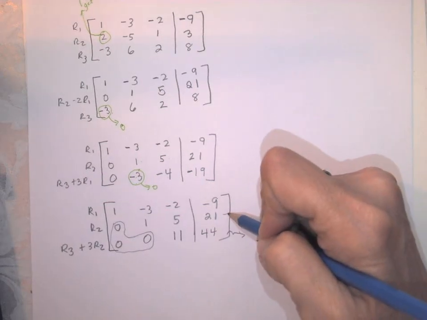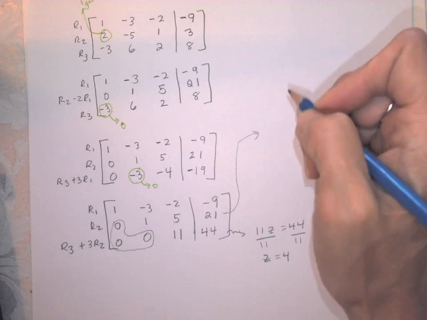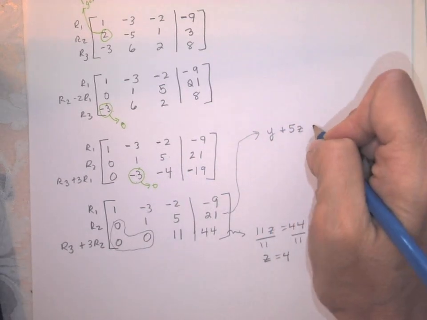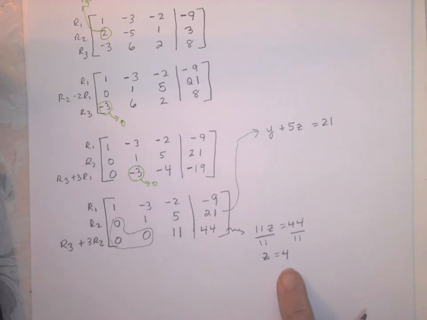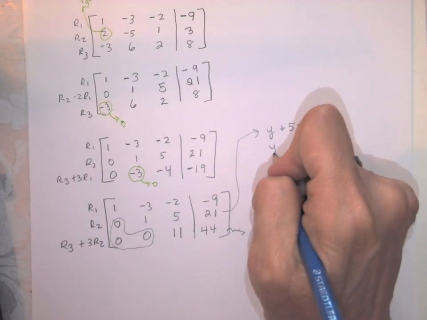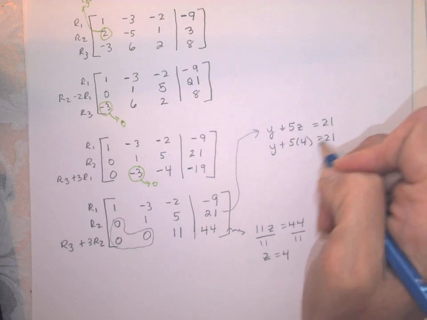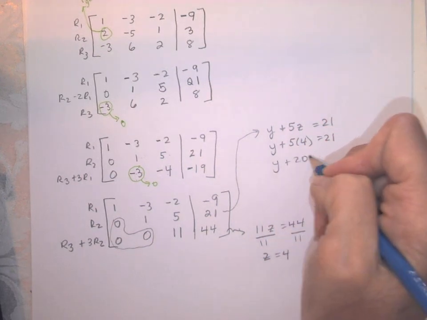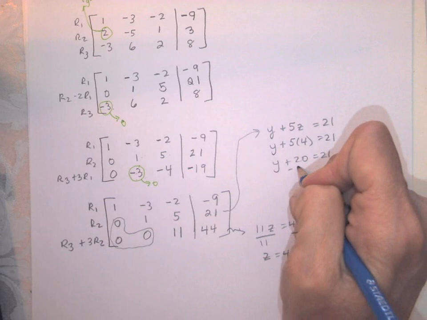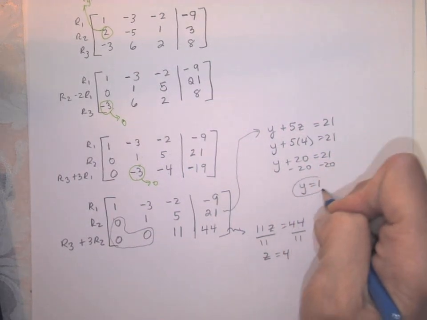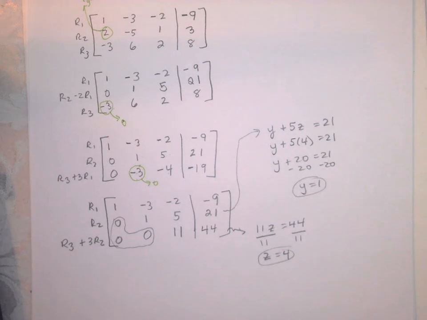So now I'm going to read the second row, which tells me that y plus 5z equals 21. But I already know z is 4, so I can replace z with 4, which gives me y plus 20 equals 21, or the fact that y is 1. So now I know y is 1 and z is 4.